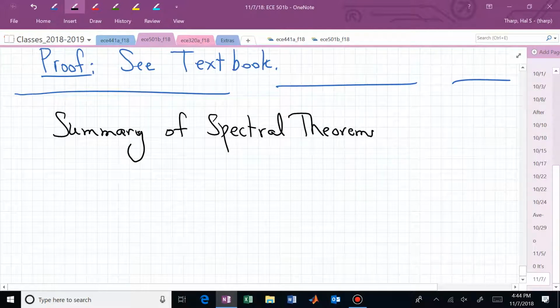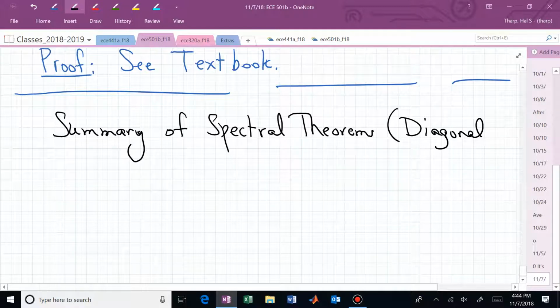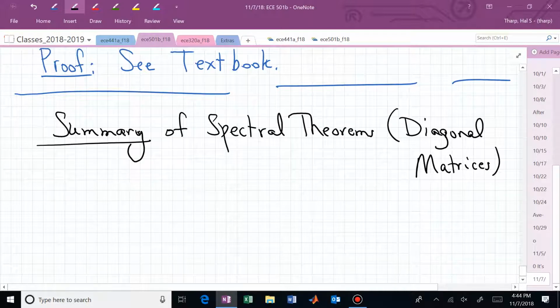And really, you're maybe wanting to think, what linear operators allow me to think about in a particular basis having diagonal matrices? That's what you're keeping in the back of your mind.